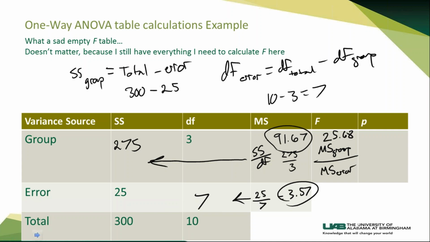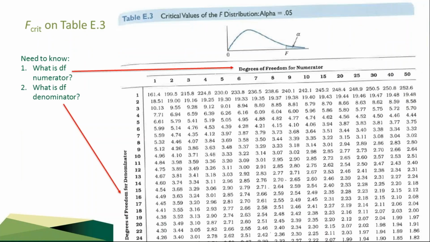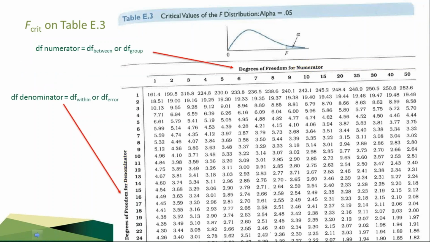So now we need to compare that to some critical value for F. There's two things I need to know. We notice that there are two columns here, something for the numerator and then something here for the denominator. So what is the degrees of freedom for the numerator and degrees of freedom for the denominator? The numerator is simply the degrees of freedom for that group row or that between row.